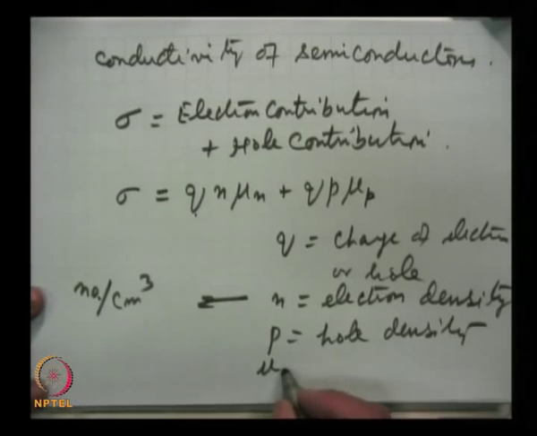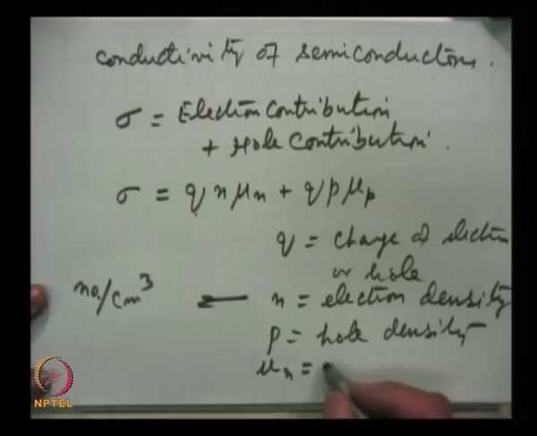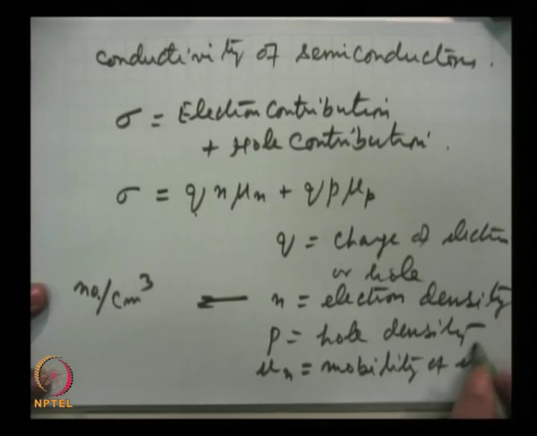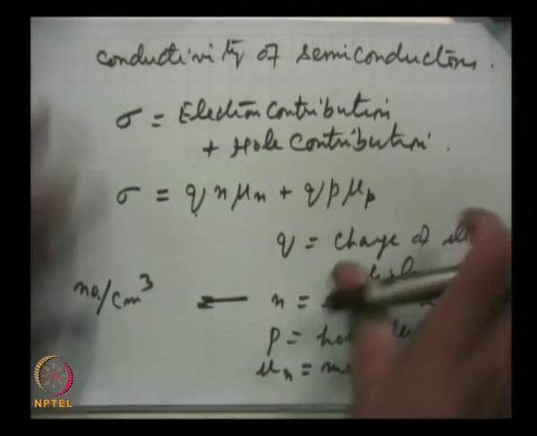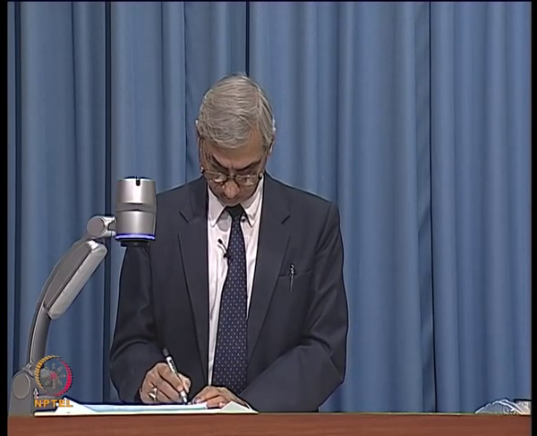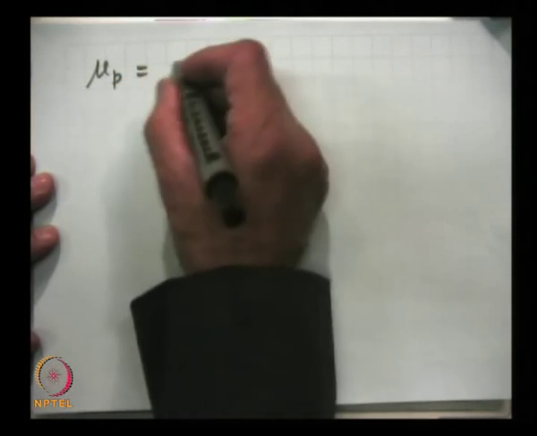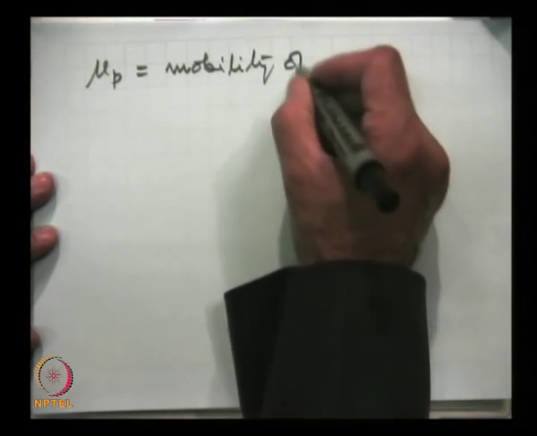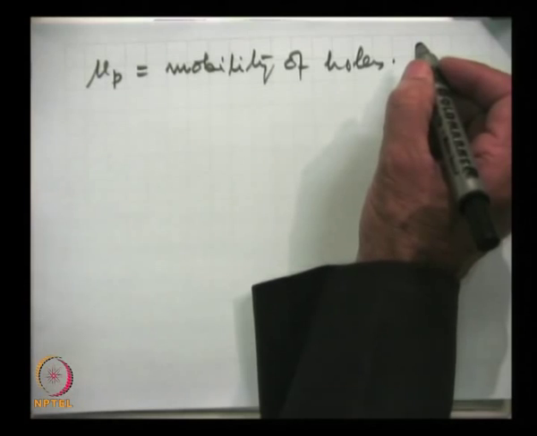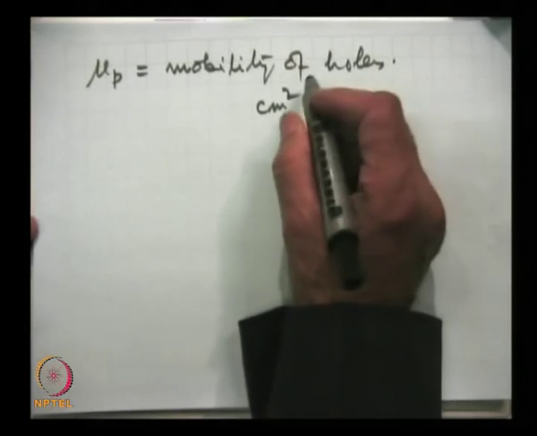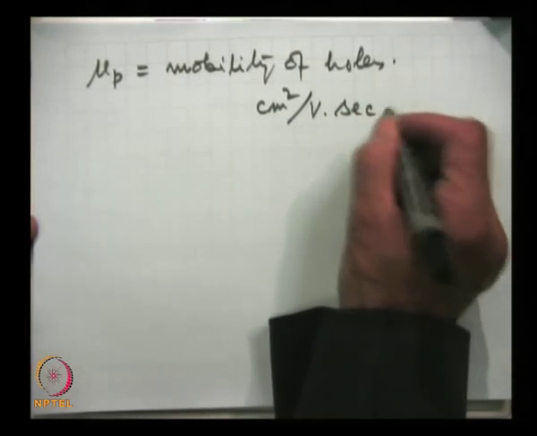This is mu n, the mobility of electron, and similarly mu p is the mobility of holes, and this is expressed in practical units of centimeter square per volt per second.